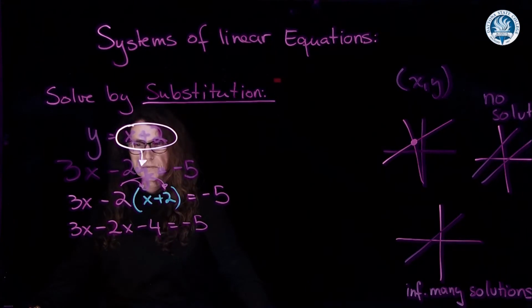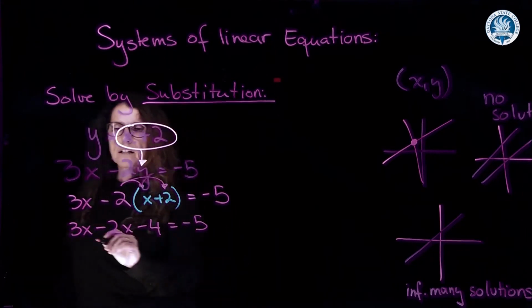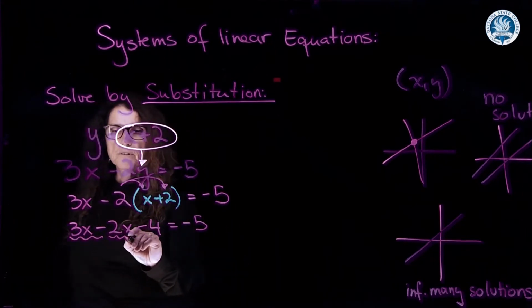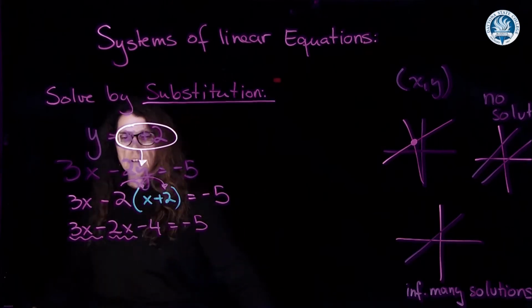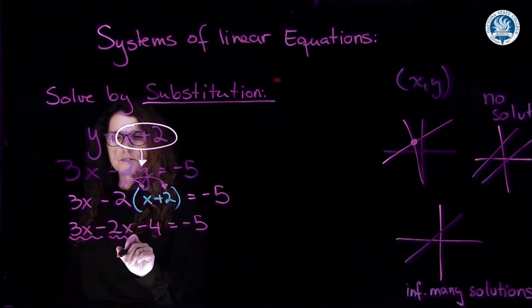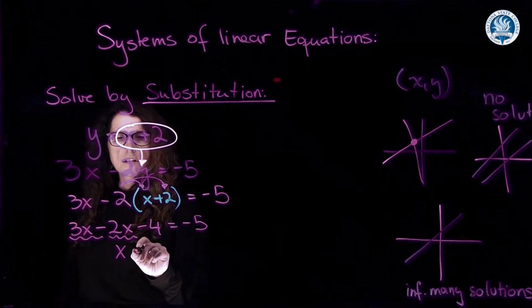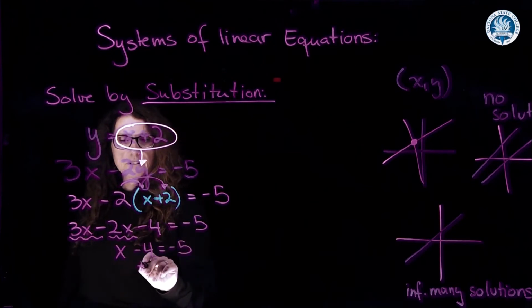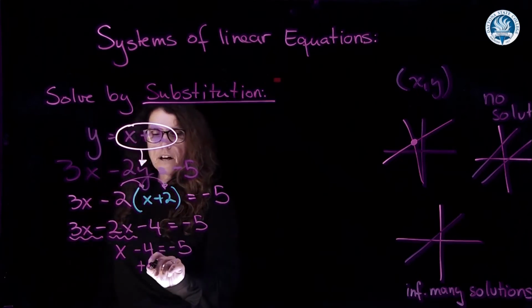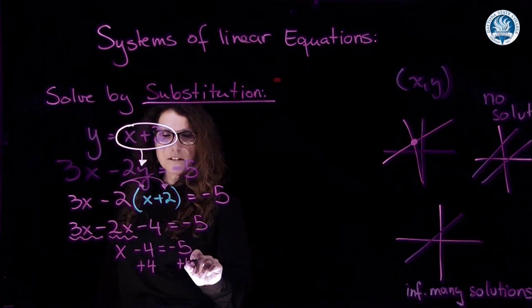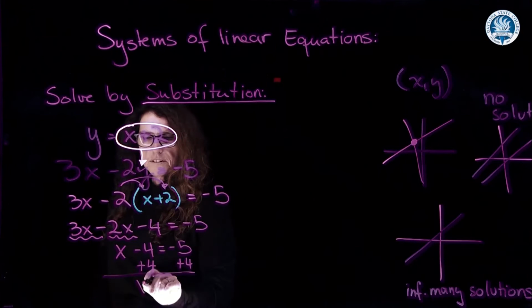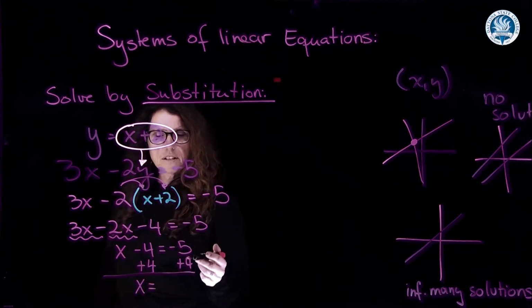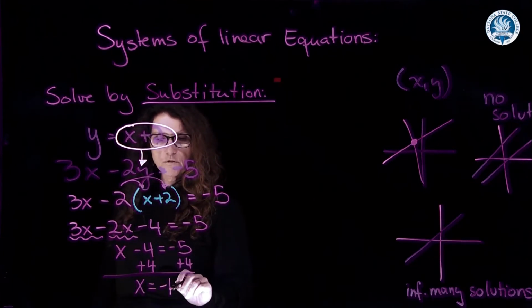We cleared the parentheses, now combine like terms. Which ones are like? 3x minus 2x. 3 minus 2 is 1x. Minus 4 equals negative 5. The only step left is to add 4 to both sides, which leaves us with x equals negative 5 plus 4, which is negative 1.